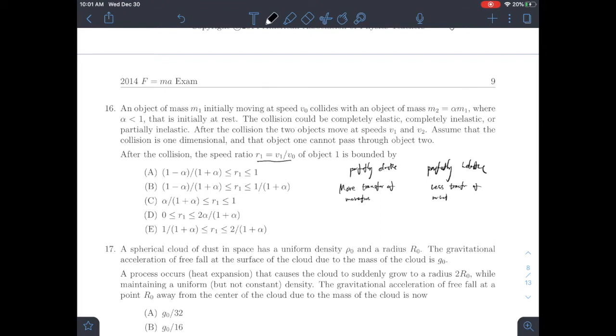Then partially inelastic, we have less transfer of momentum. So V1 over V2 should go up. No, actually it goes down. V1 over V2 should go down because less momentum is transferred. And in a perfectly inelastic collision, V1 over V2 should go up because less momentum is being transferred. The more momentum it transfers, the lower the ratio, right?